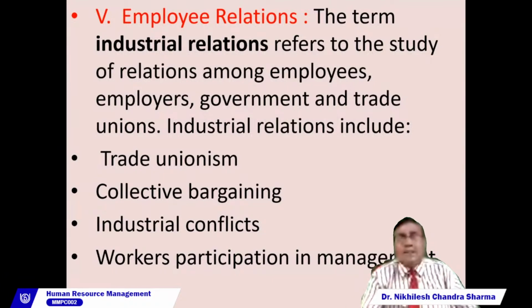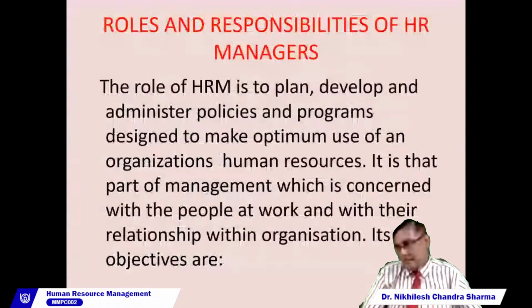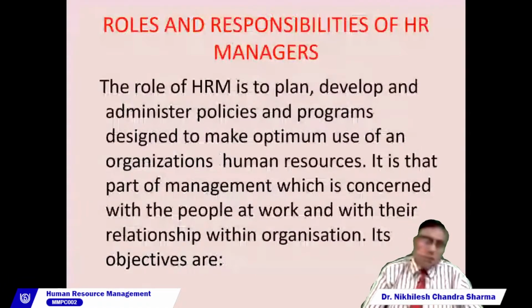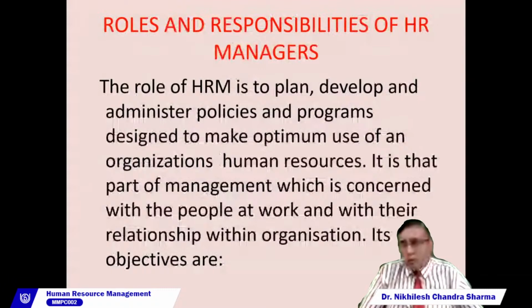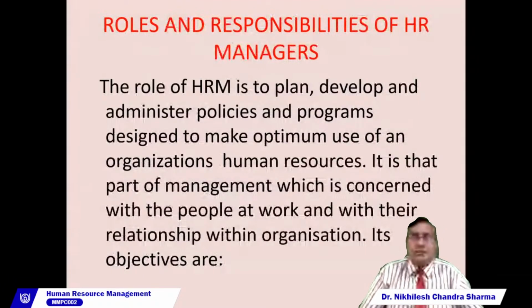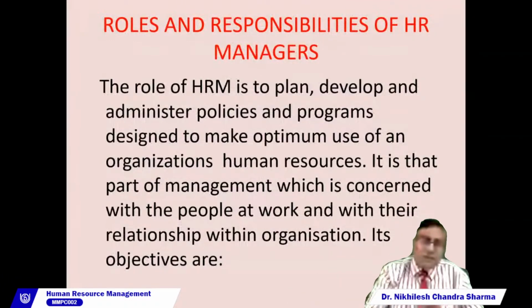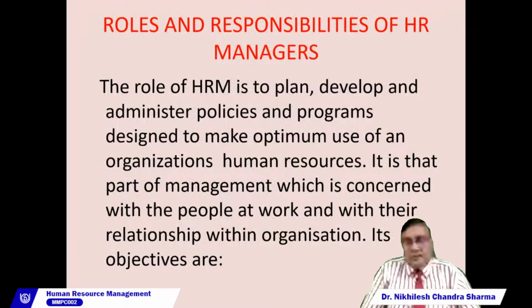Roles and responsibilities of HR managers. The role and responsibility of the HR manager is to plan, develop and administer the policies and programs designed to make optimum use of an organization's human resources.